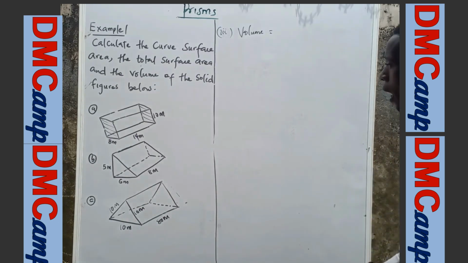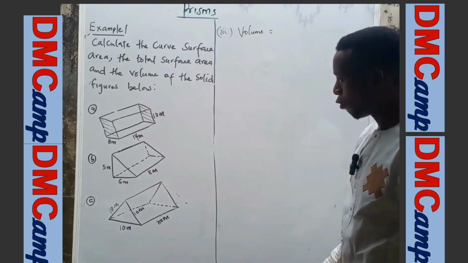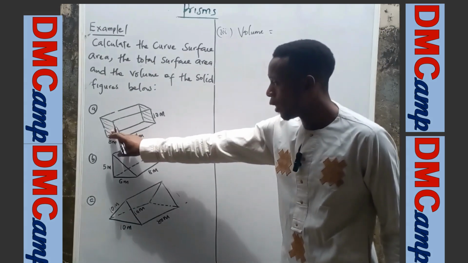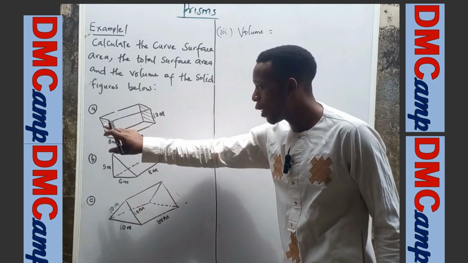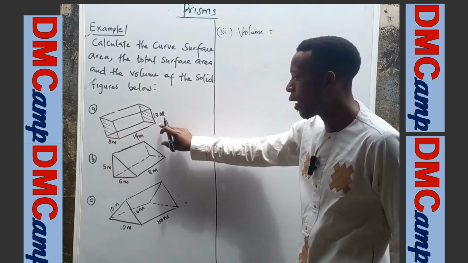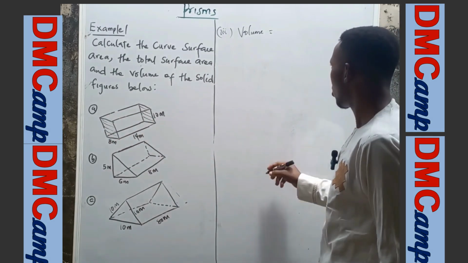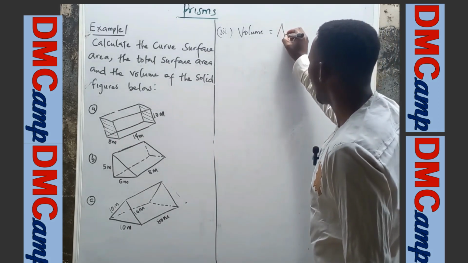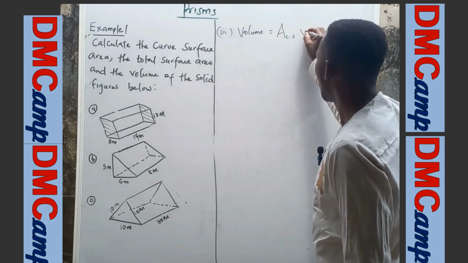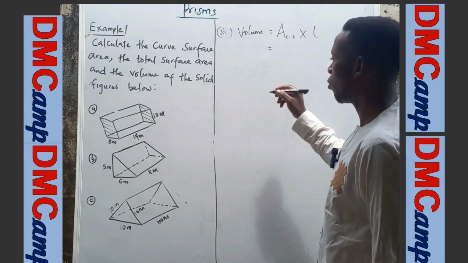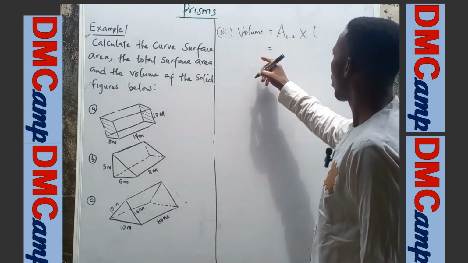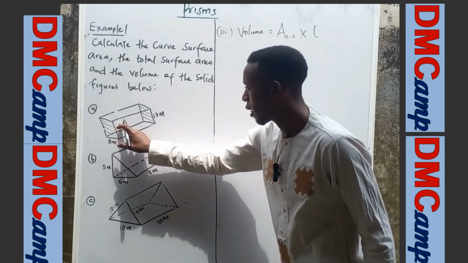Let's see the volume. How do we calculate the volume? The volume is simply the area of one of the cross sections, the area of one side, multiplied by the length. So here you are going to have the area of the cross section multiplied by the length. We've gotten the area of the cross section to be 80 meter square, length times breadth.